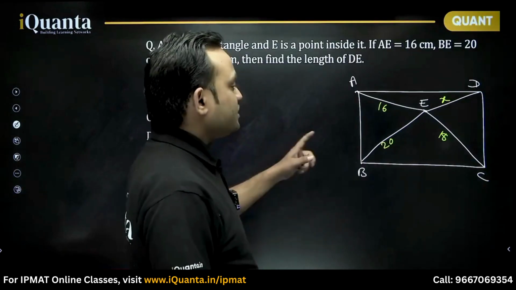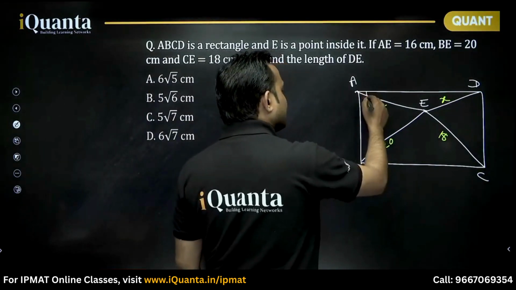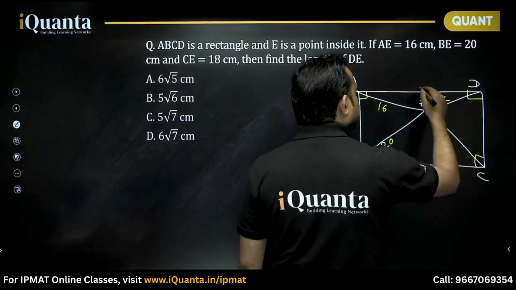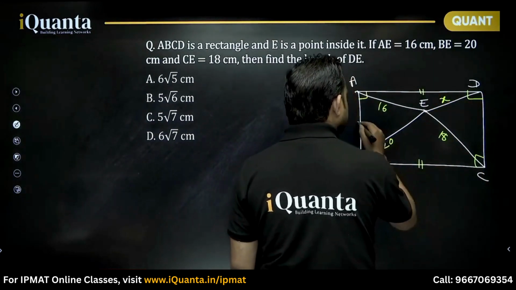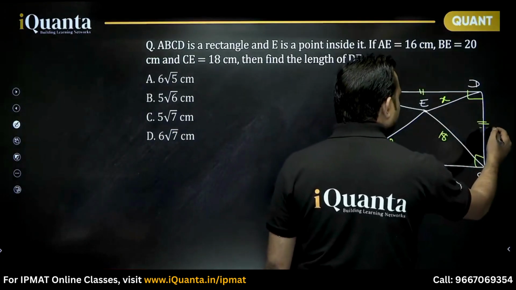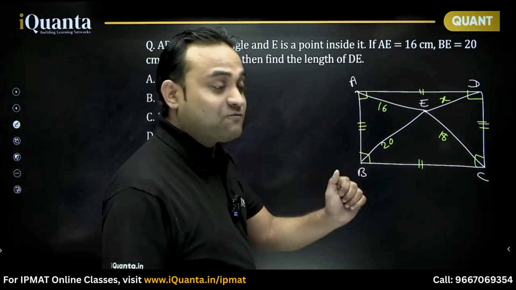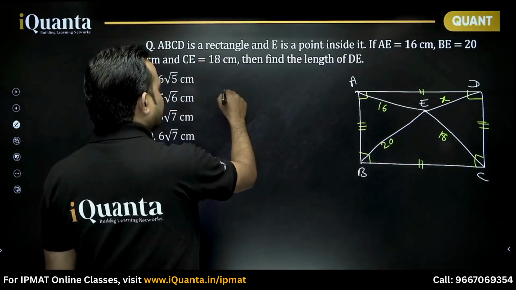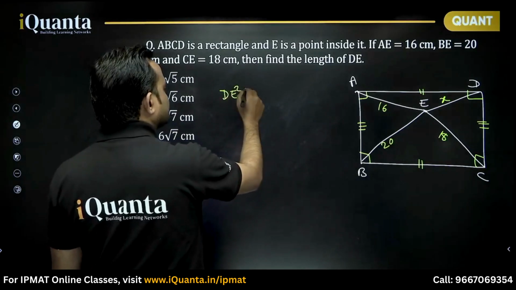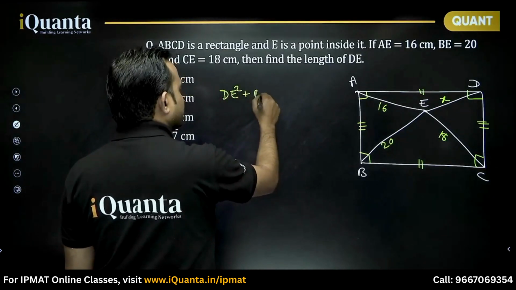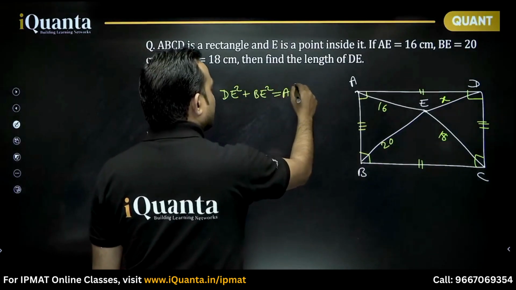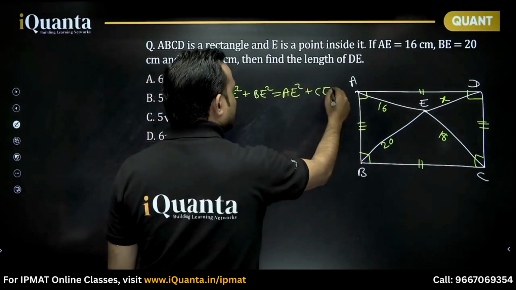Now, whenever you get a situation like this in a rectangle, where all interior angles are 90 degrees, opposite sides are parallel and equal, using the British flag theorem, we can say that DE square plus BE square will be equal to AE square plus CE square.